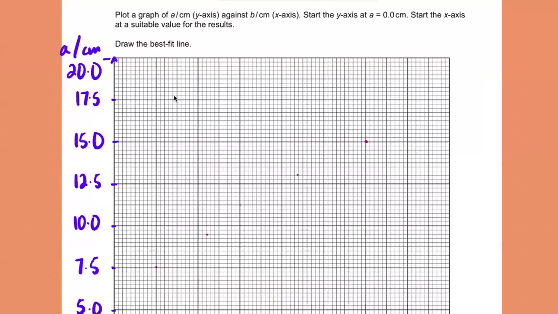So here we just have to draw a line now. Let's draw that line. All right.